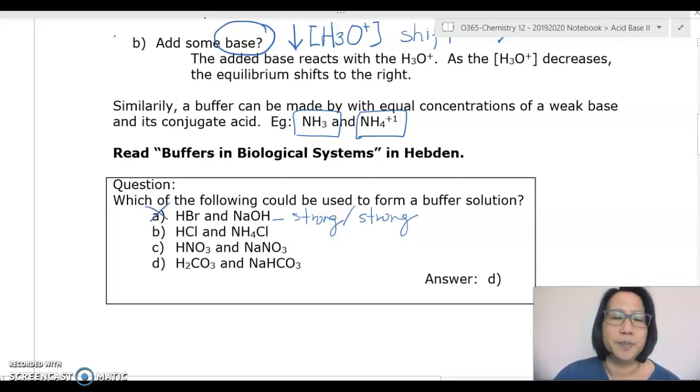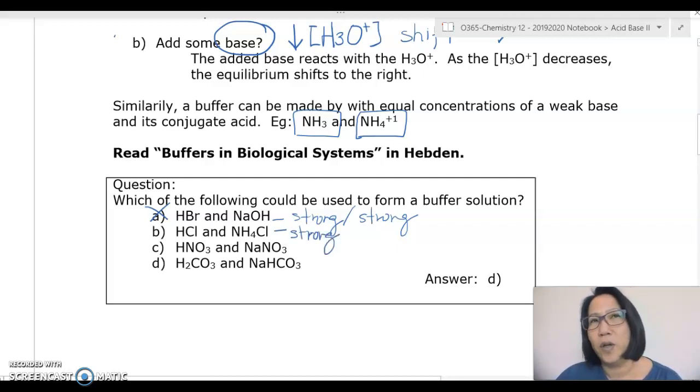The next one, hydrochloric acid is a strong acid, ammonium chloride, I guess we have its conjugate base, but again, the hydrochloric acid is a strong acid. So it just fully ionizes, and again, we don't have an equilibrium system. So if we don't have an equilibrium system, nope, that's not going to allow us to shift to the left, shift to the right, to absorb any incoming acid or base.